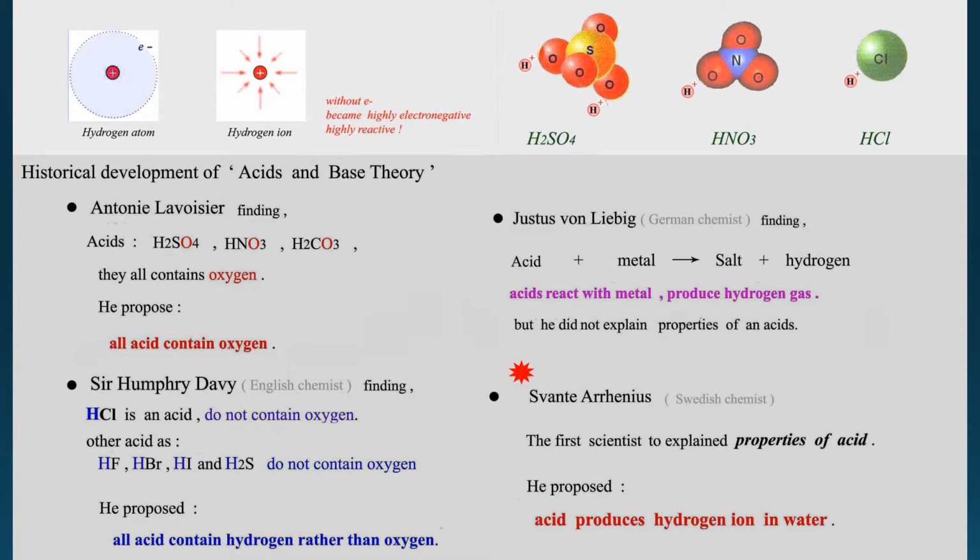He is the first scientist able to explain the property of acid from the molecular point of view. And he proposed acid produces a hydrogen ion in water. Look, it is a hydrogen ion, not hydrogen.